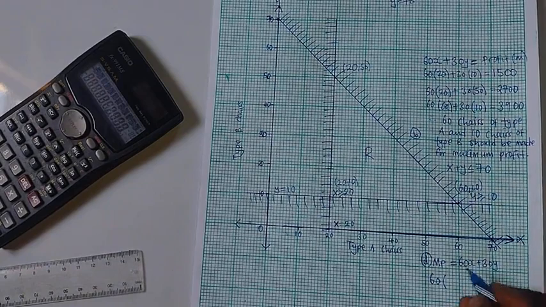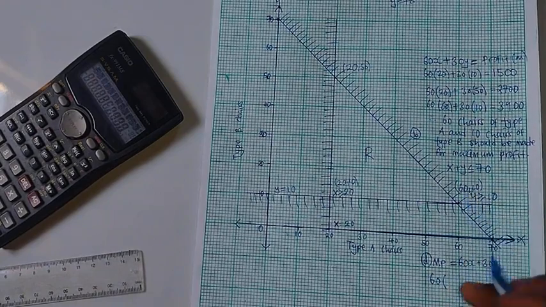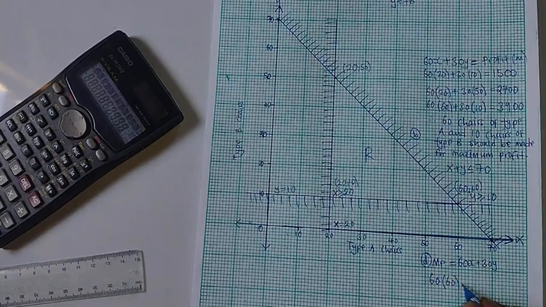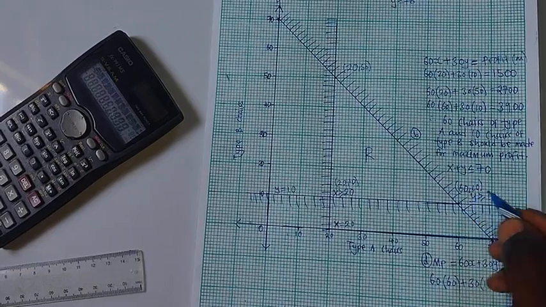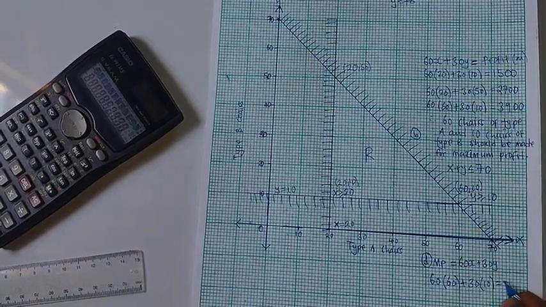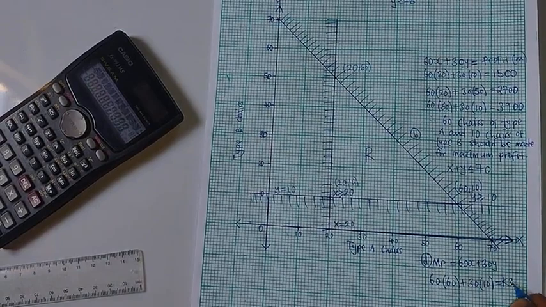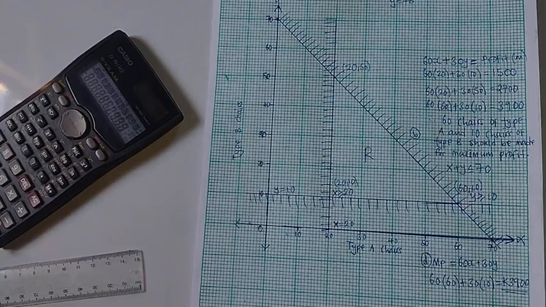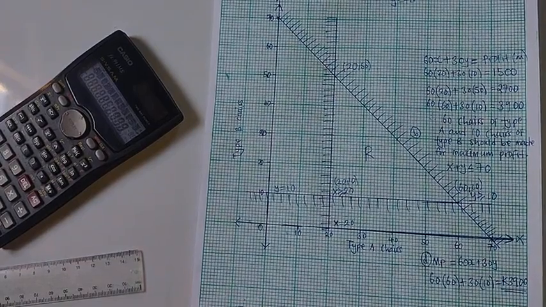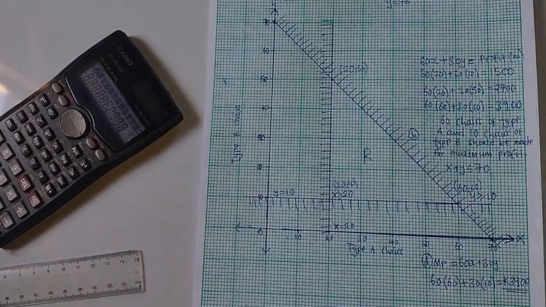These are the same ones that we used. Where there is x, we put a 60, plus 30, where there is y, we put a 10. I'm using these coordinates that gave us the maximum profit of 3,900. So this is our answer. So we have found the maximum profit.